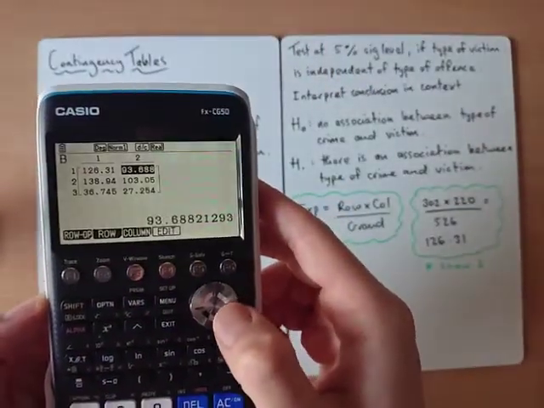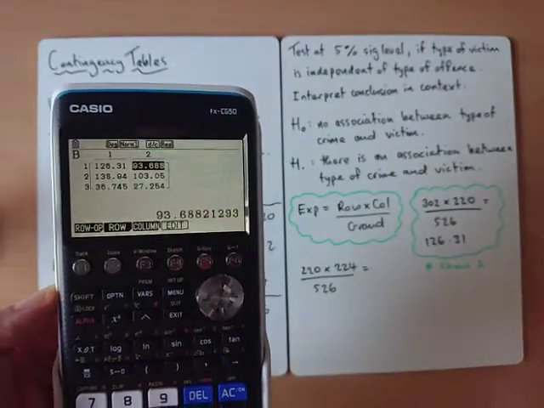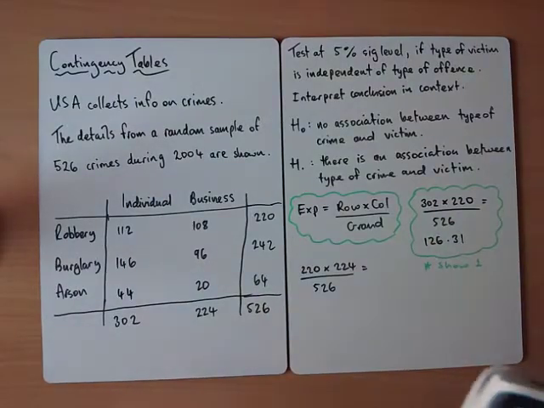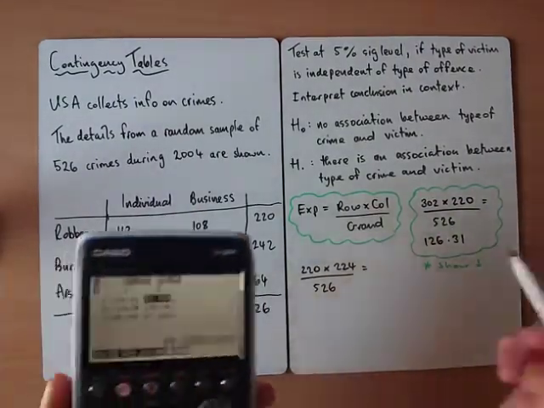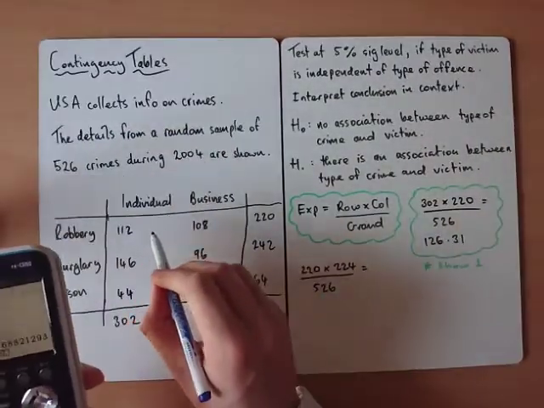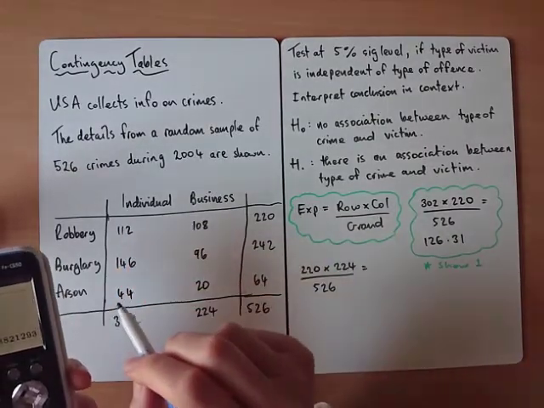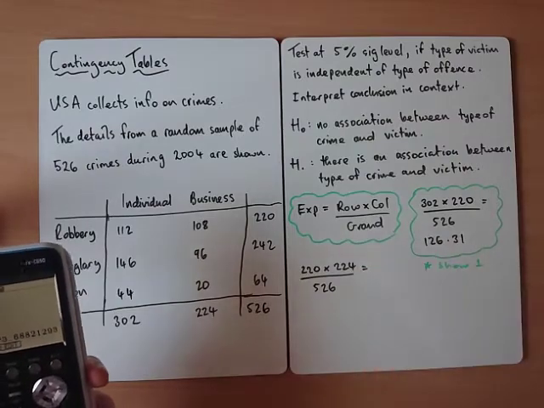So if you wanted to get the other expected values, I'm just going to scroll across to see what they are. Now you want to draw the table out again. Because I'm a bit limited for space, I'm just going to do it here. But you want the observed and the expected values next to each other. Actually, I think I'll use another board. One sec.